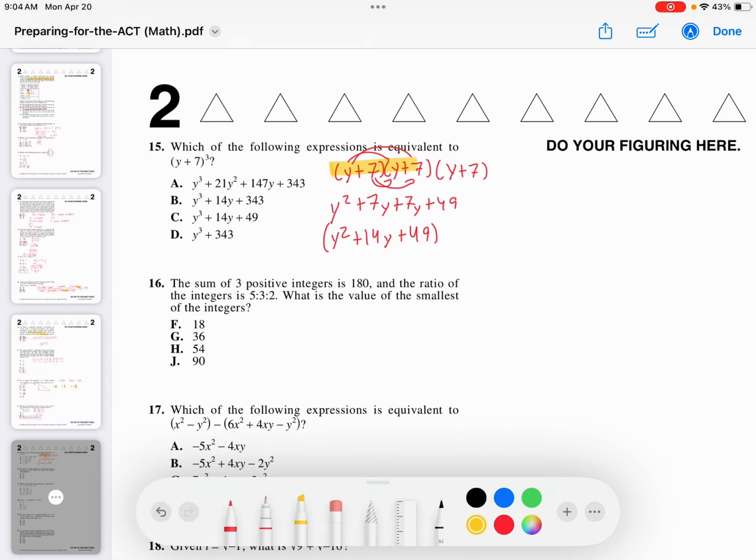And then I'll bring down this other multiplication here, times the y plus 7. Let's see. So this is going to give me y to the power of 3 plus 7y to the power of 2 plus 14y to the power of 2. Honestly, from there, I don't even have to do the rest, because 7y to the power of 2 plus 14y to the power of 2 would be 21y to the power of 2. And the only one that I see that in is this right here. And so A must be the right answer.